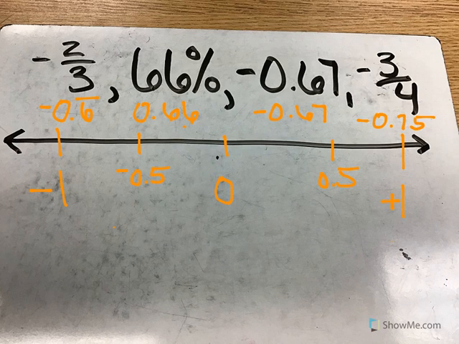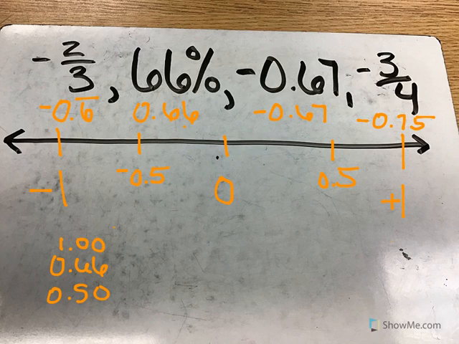So first we have 0.66. Now this is positive, and is it greater than 0.5 or less than? Obviously 66 cents would be greater than 50 cents. 66 hundredths is greater than 50 hundredths, but it's obviously less than 1 whole.